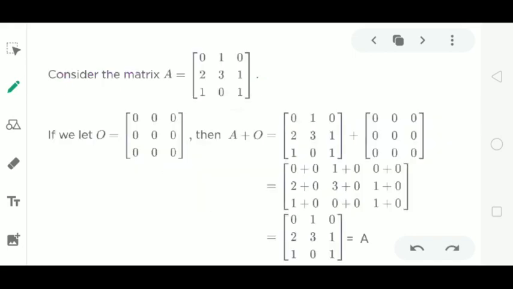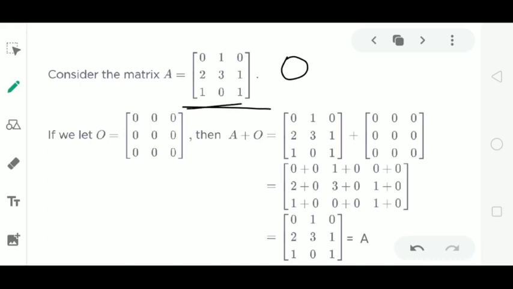Let us see an example. Here I have considered matrix A of order 3 by 3. As we have to add this matrix to the 0 matrix, and we know that the 0 matrix has all elements 0, we can consider the 0 matrix to be of any order depending on the example.